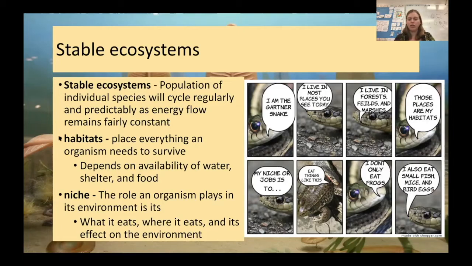Habitats are places where an organism lives. Think about like a bird's nest might be its habitat. This is going to depend on water, food, shelter, where this organism is going to call home. A niche is an organism's role in its environment. Think about it like its job. And this includes what that organism would eat, where it's going to be getting its food from, what kind of waste it releases.